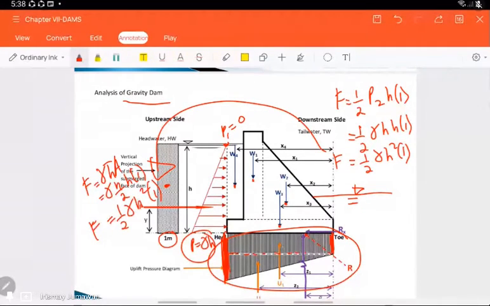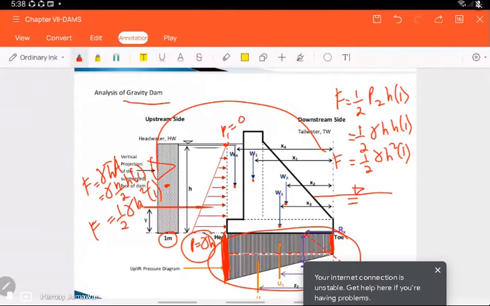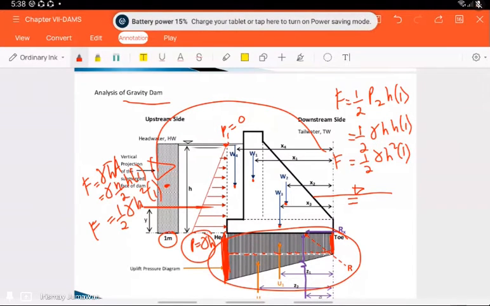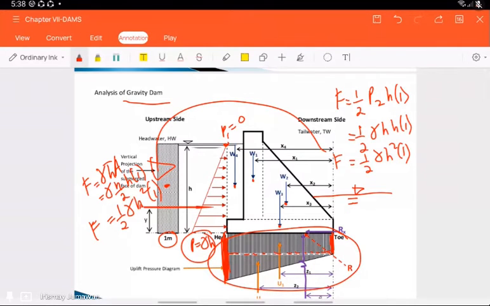To determine the uplift pressure, you have to divide again into a section where you can easily determine the center of gravity, or if you know the center of gravity directly of the trapezoid, you can do it also. If not, you have to bisect the section.